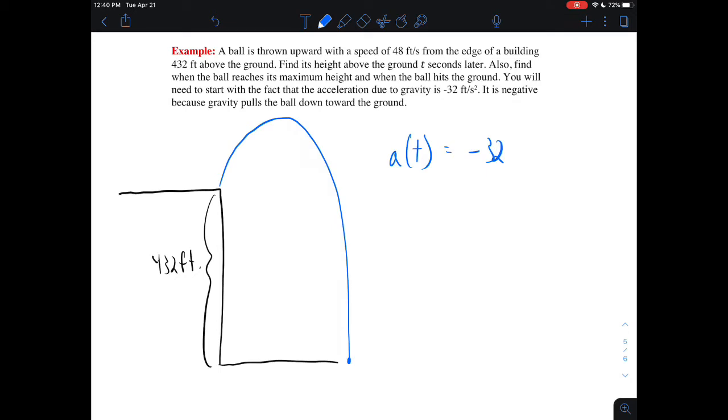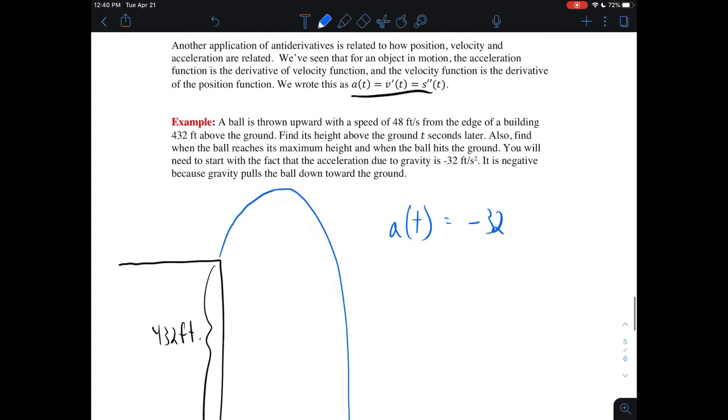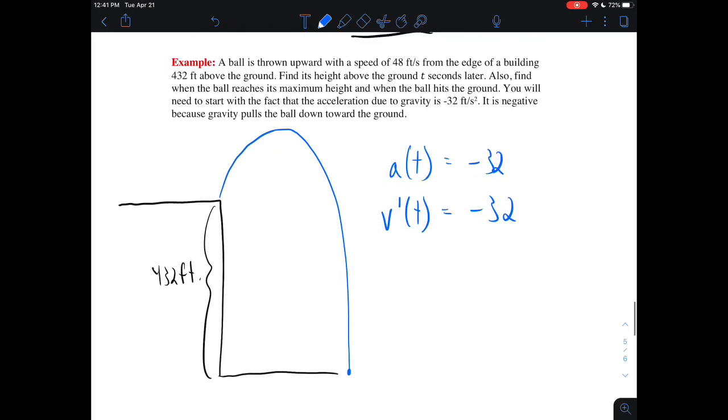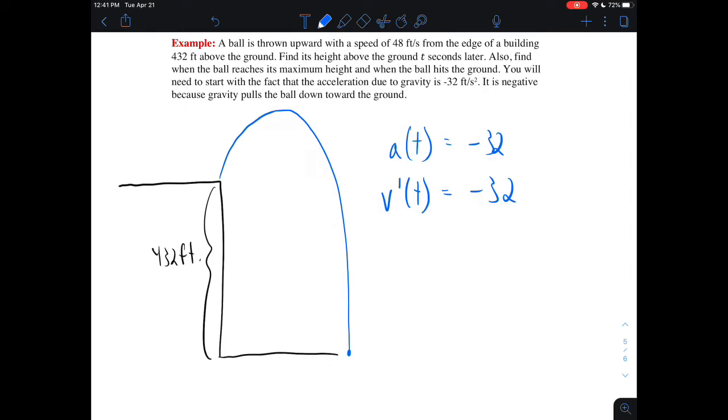So, since a of t is equal to negative 32, that means that v prime of t is equal to negative 32. And if we want to find the velocity function, we use the antiderivative.